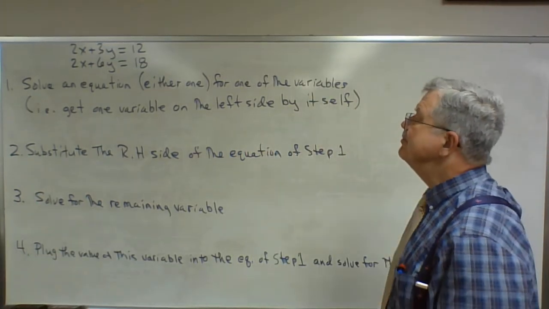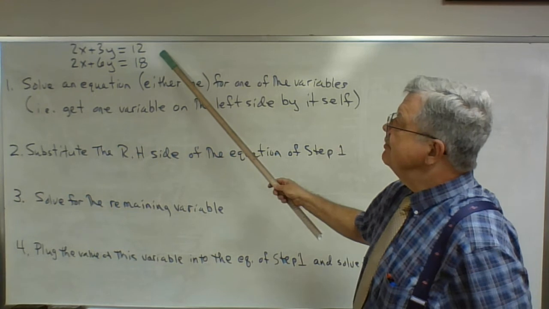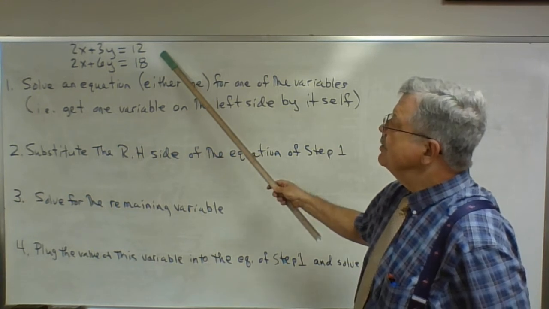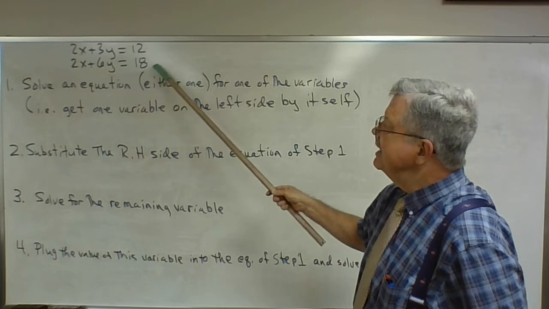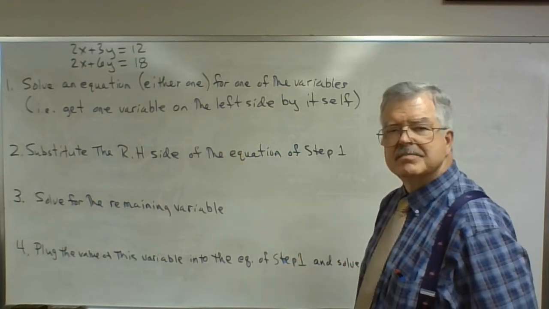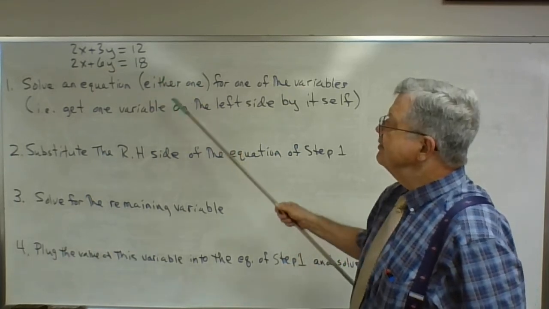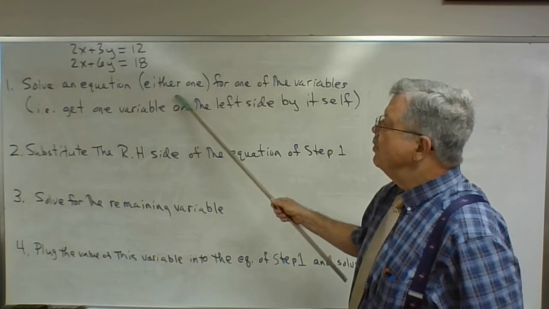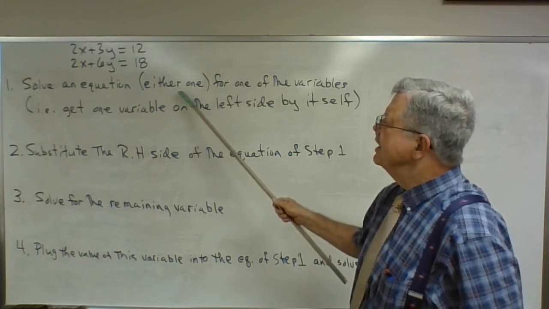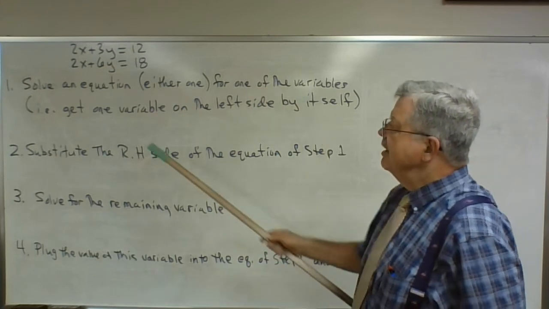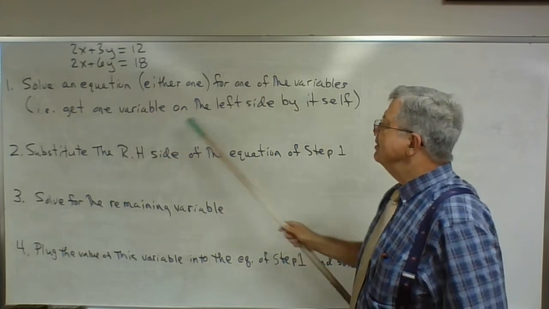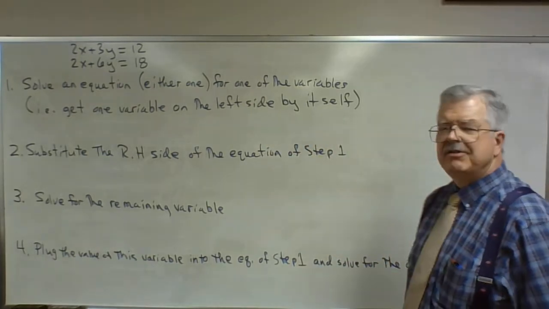Next example. The equations 2x plus 3y equal 12, 2x plus 6y equal 18. In our first step, solve one of these equations, either one, it doesn't matter, for one of the variables. In other words, get one of these variables on the left-hand side by itself.